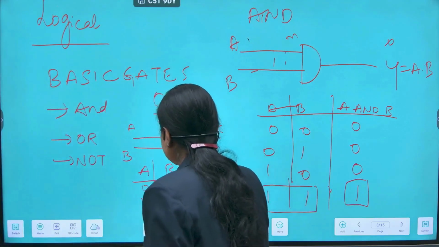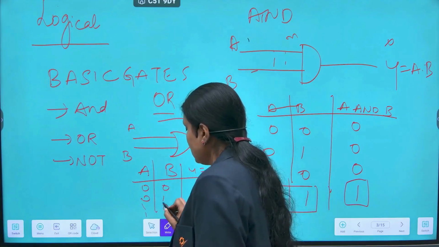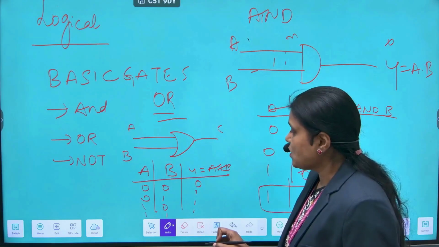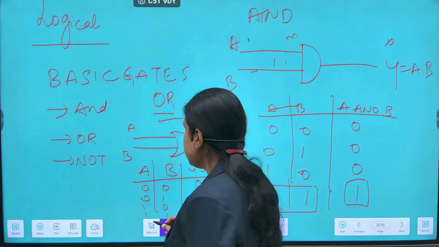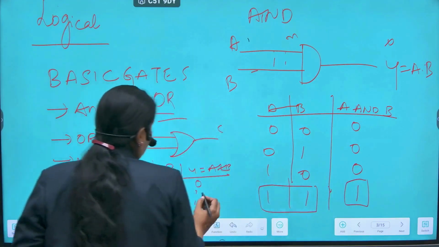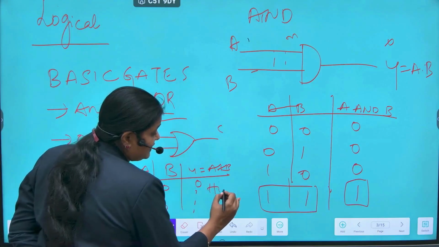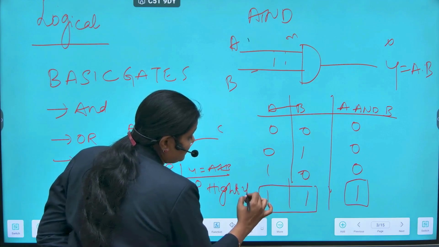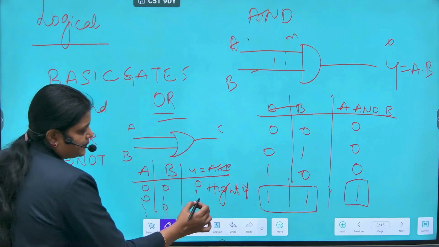So only for 0 0 it gives me 0. All the others it gives me 1. So this is the OR gate. So I can say that the output is high if at least one of the inputs is high.